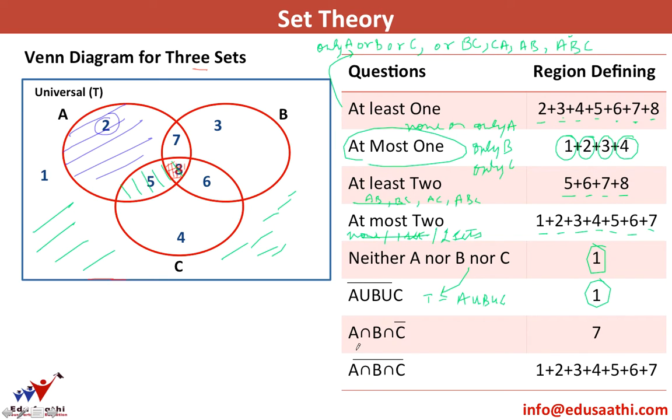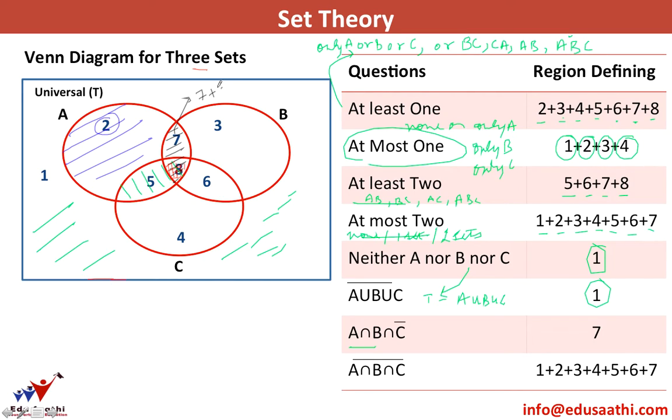Then I have, let's say, some symbol like A intersection B intersection C complement. Let's find out what A intersection B is first. I'll take this black ink. So A intersection B is this one. I have the region 7 plus 8.